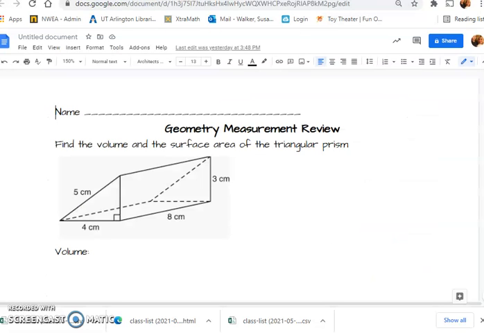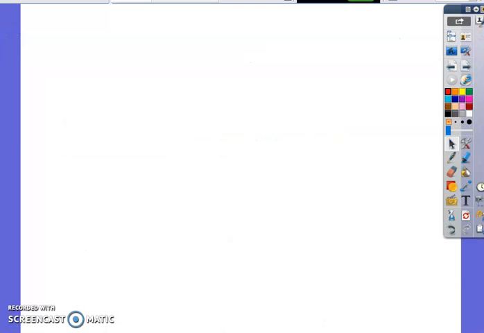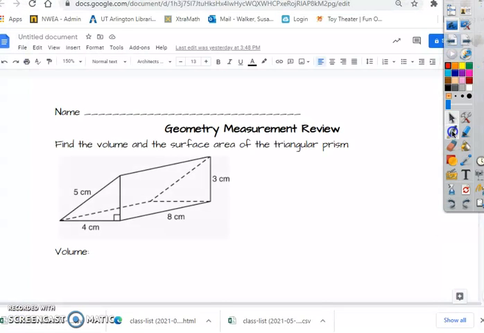So this says find the volume and the surface area of the triangular prism. First of all, hopefully we know that this is a triangular prism because it is mostly rectangles, okay?